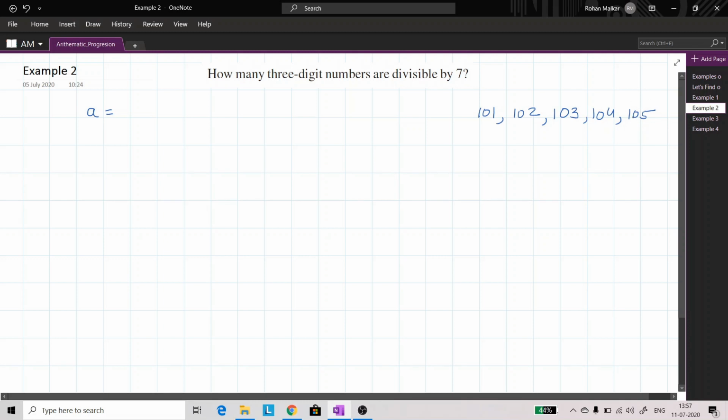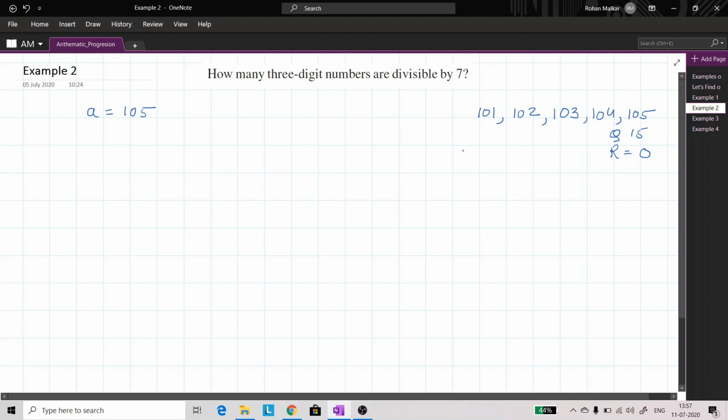Now, 105 divided by 7, my quotient turns out to be 15, and the remainder turns out to be 0. So this is the first 3-digit number which is completely divisible by 7. So A, the first term of the series, should be 105.